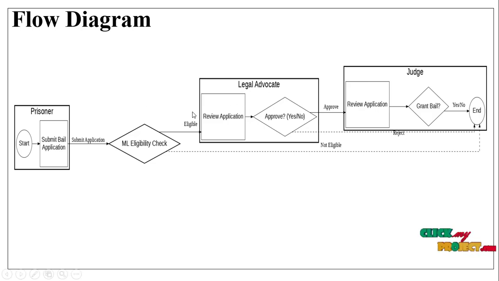He receives the applications from prisoners. He checks the details of the case, the character, and the activities of the prisoner, and then forwards it to the judge, or else it will be rejected in the legal advocate section. Then finally, logout. Let's see the output for the legal advocate module.